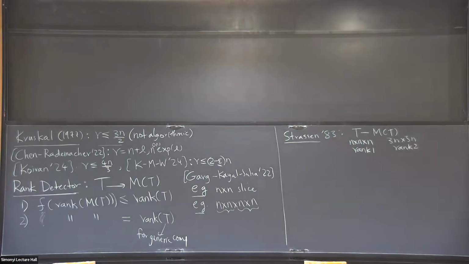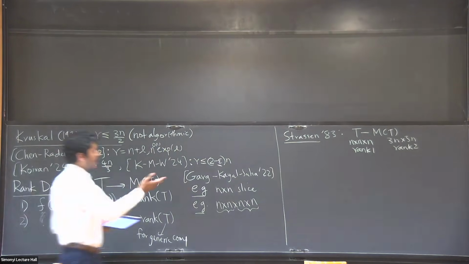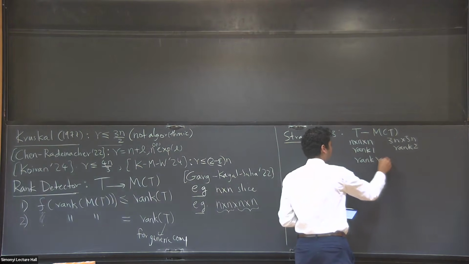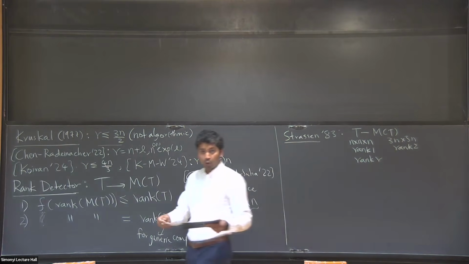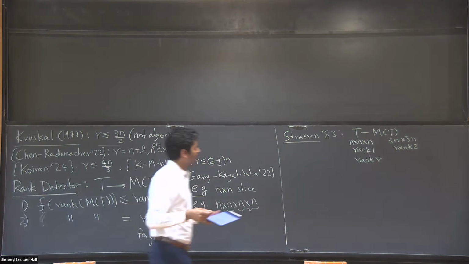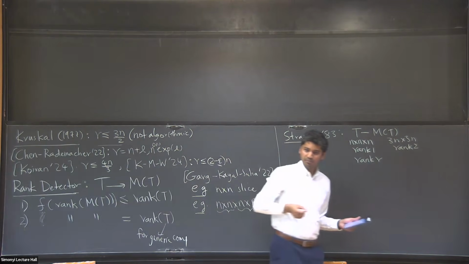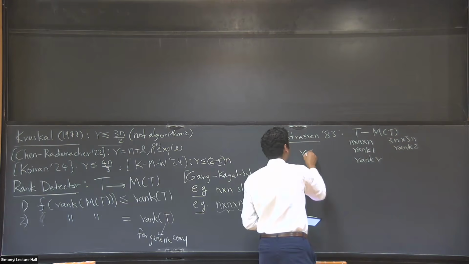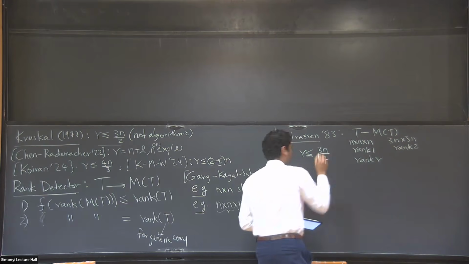Now imagine taking R generic components. The maximum rank of M of t cannot be more than 3n, right? So you can hope to certify the rank of a tensor up to 3n over 2.